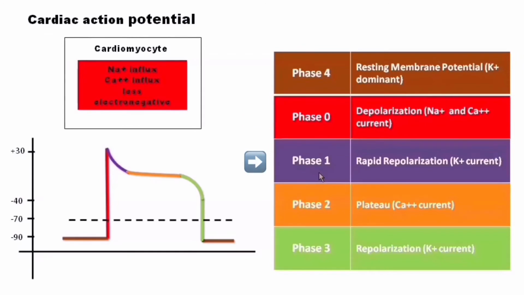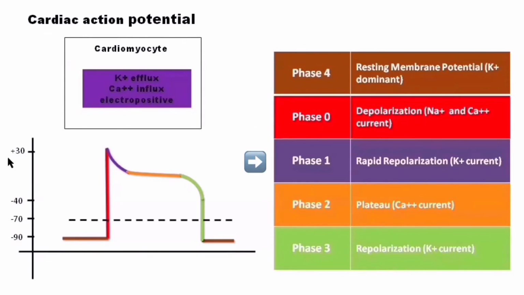Now we'll talk about phase 1. When the charge of the cell reaches around positive 30, potassium channels will now open, causing an efflux of potassium. In the beginning we saw that inside a myocyte you have a large concentration of potassium ions, so with the opening of potassium ion channels, there will be an efflux of potassium ions.